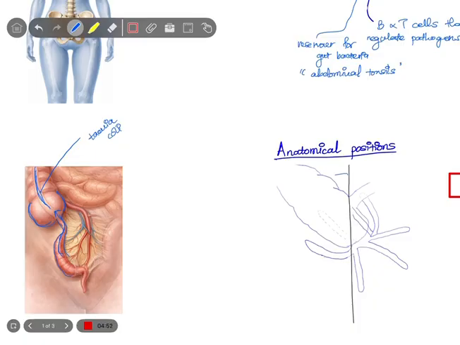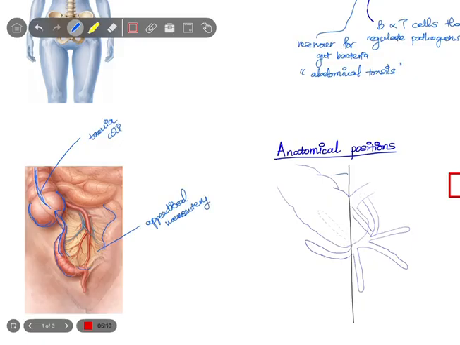Now, the appendix is joined to the terminal ileum. I want us to get a closer look at the structure right here, this yellowish structure called the mesoappendix, or rather the appendiceal mesentery, which is the fourth abdominal mesentery.